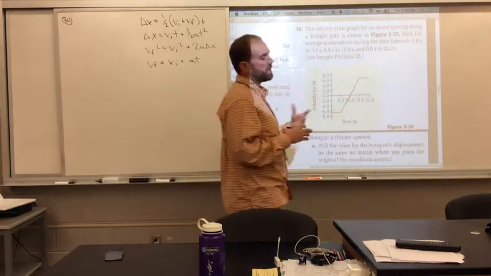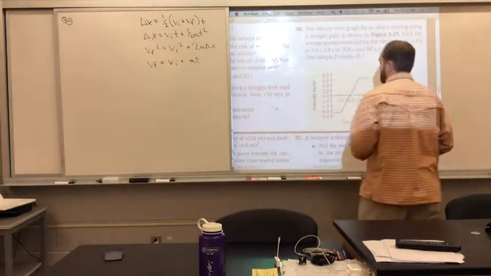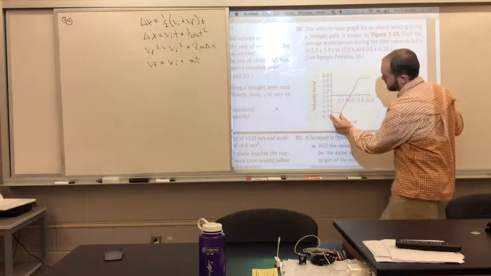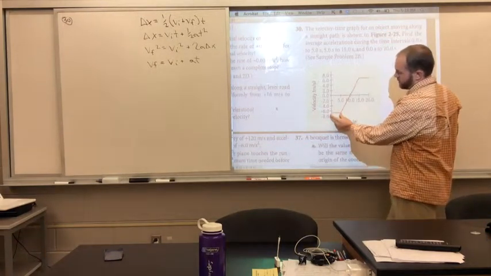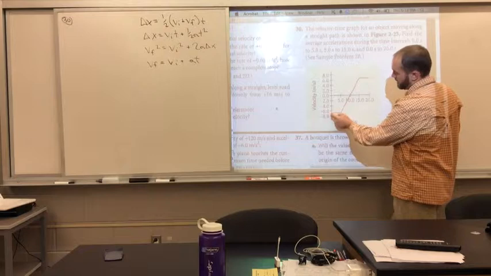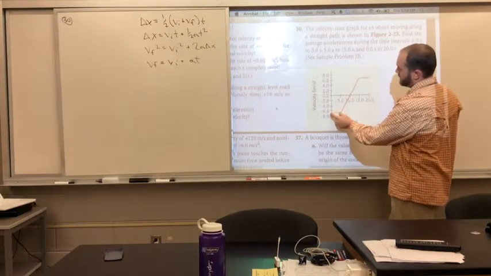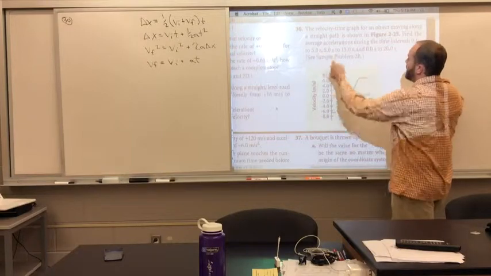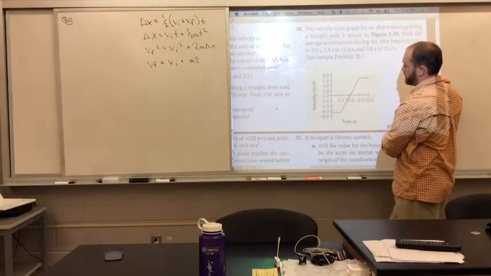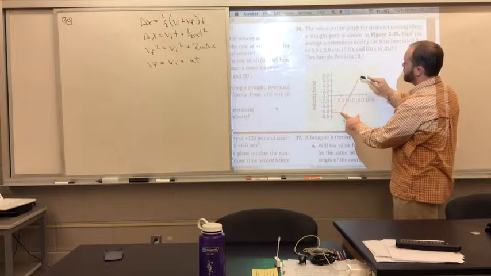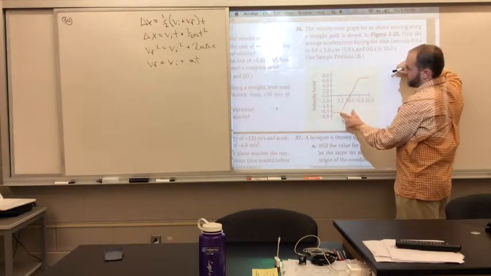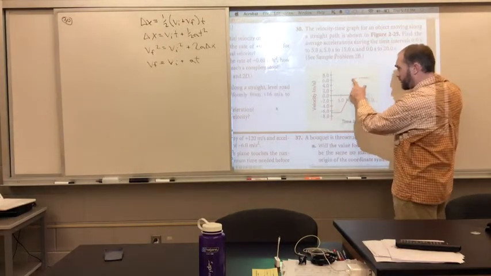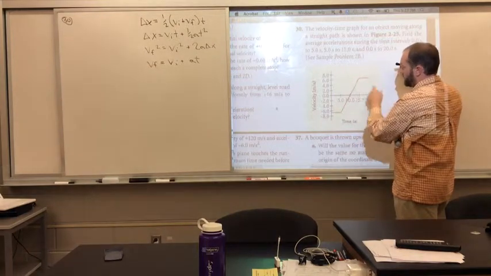Acceleration is change in velocity divided by time. So from here to here, how much did your velocity change? Well, it didn't. You were at negative 7 meters per second. You stayed at negative 7 meters per second the whole time. So from 0 to 5, your average acceleration is 0. How much did it change from here to here? Well, you started at negative 7 and you went to 6.